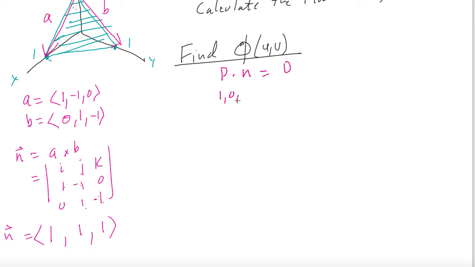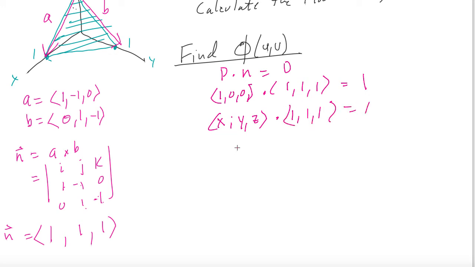So 1, 0, 0 dotted with 1, 1, 1 gives us 1. So that tells us that x, y, z dotted with 1, 1, 1 gives us 1. Then we have x plus y plus z is equal to 1.